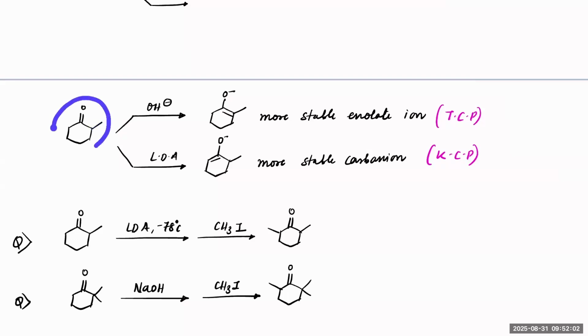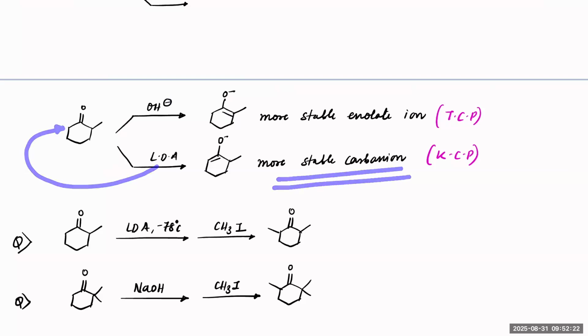Now see, this is an unsymmetrical ketone. In this case, OH minus can extract from this position because it will try to make the enolate more stable. But LDA will try to extract the hydrogen which can provide the more stable carbanion.